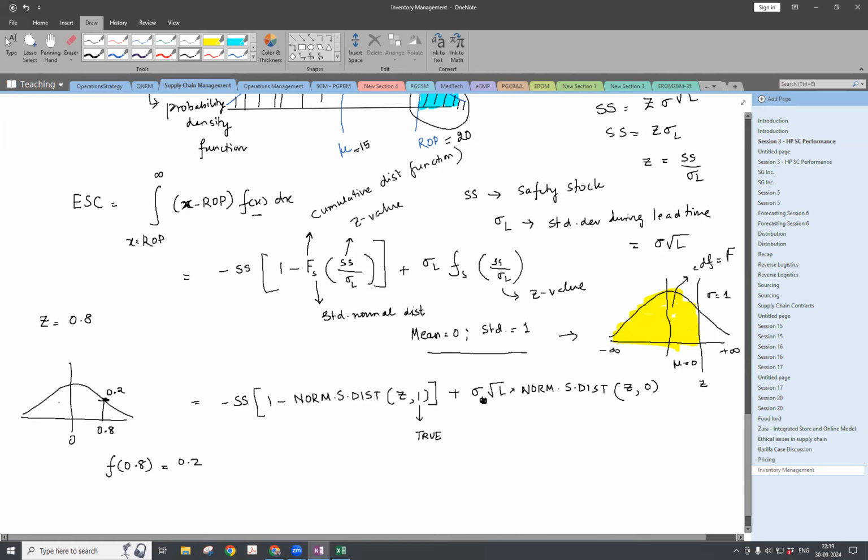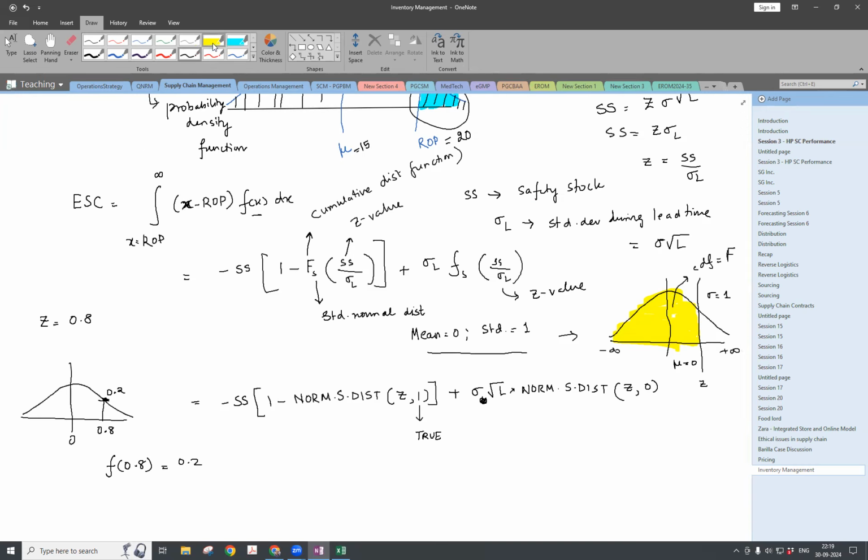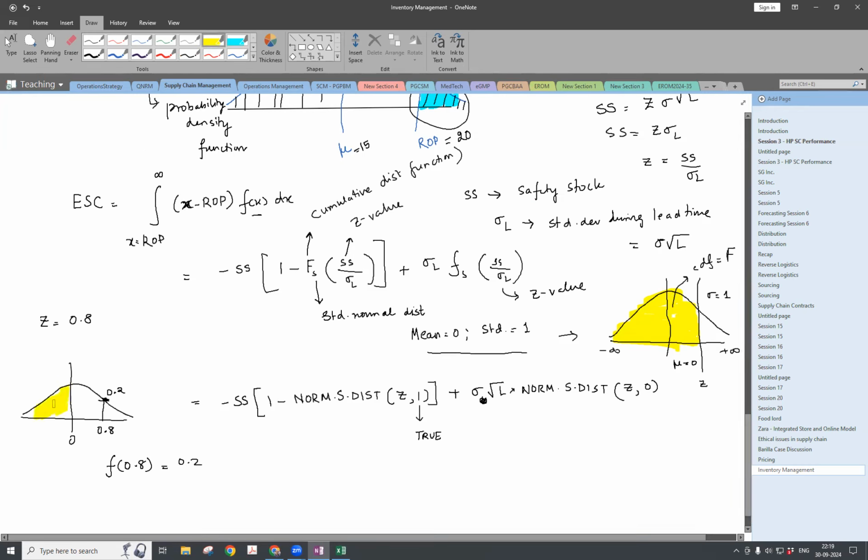And because we said the normal distribution is symmetric, this area to the left of it is, as you know, 50%. Let's say up till this particular point, and this might not be exactly correct, but let's assume this is 30%. Then F of 0.8 is just going to be, because this is to the left of it, 30% plus 50%, which is going to be 0.8 or 80%, right? So that is how you will calculate these things.